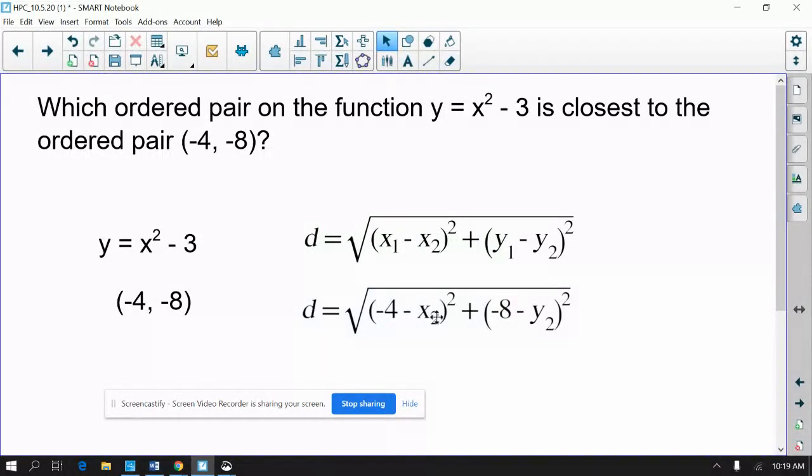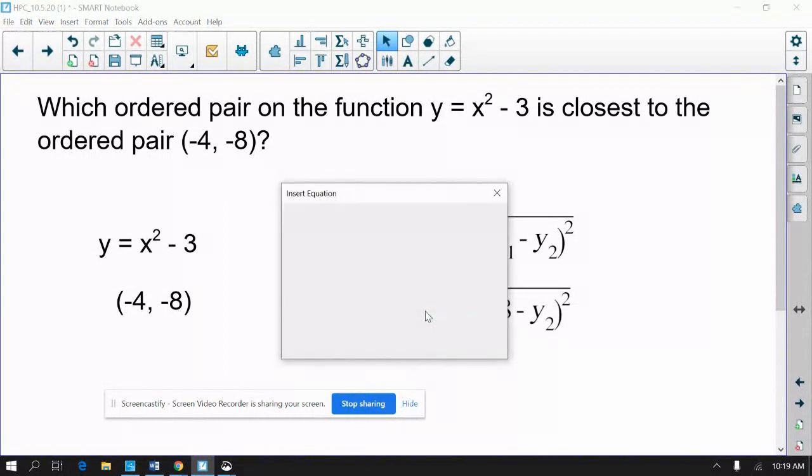But the other point is any ordered pair on this parabola. Well, the solution is easier than you think. This parabola has an infinite amount of ordered pairs, but every ordered pair is an x and a y. So I'll just let x be any x because the domain is all real.